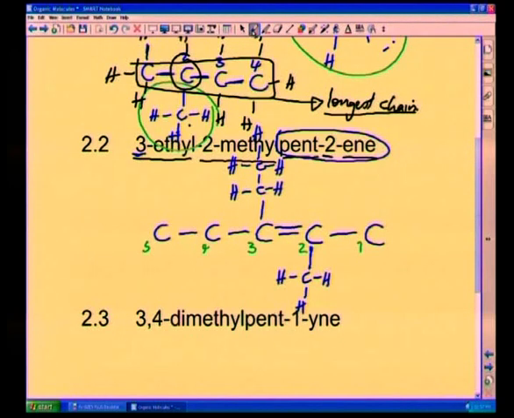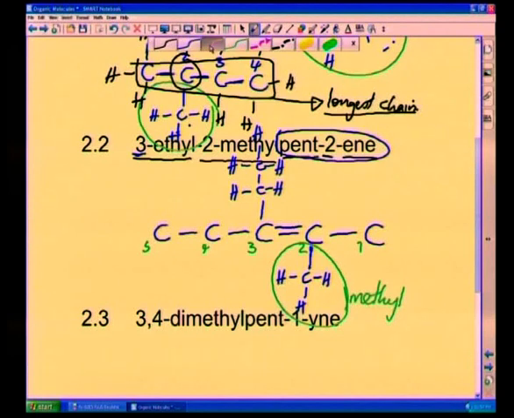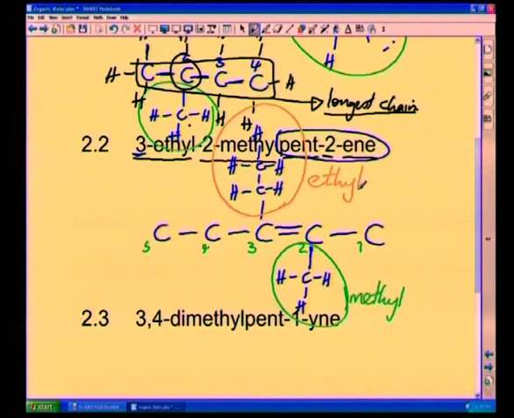Let me just highlight them nicely for you. This one is your methyl on carbon number 2, and this one is your ethyl group on carbon number 3. So the rest then would have their normal hydrogen atoms around them.